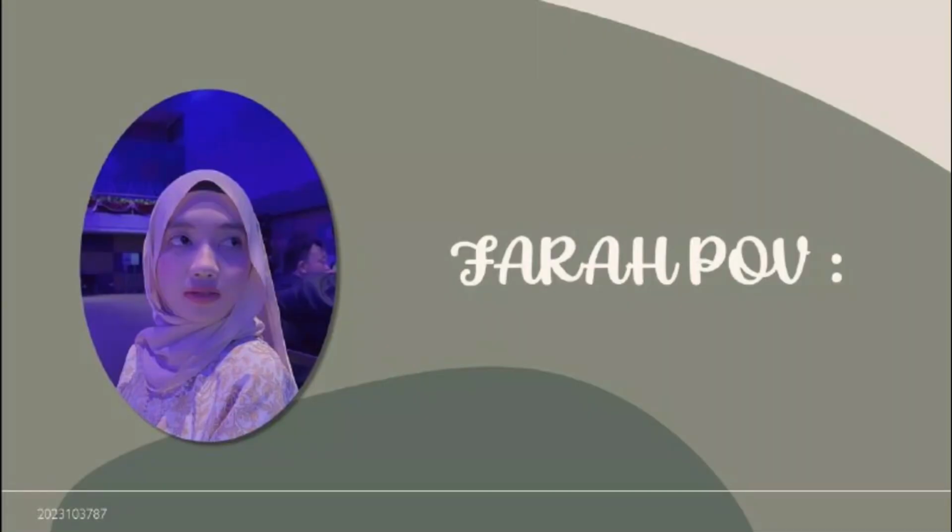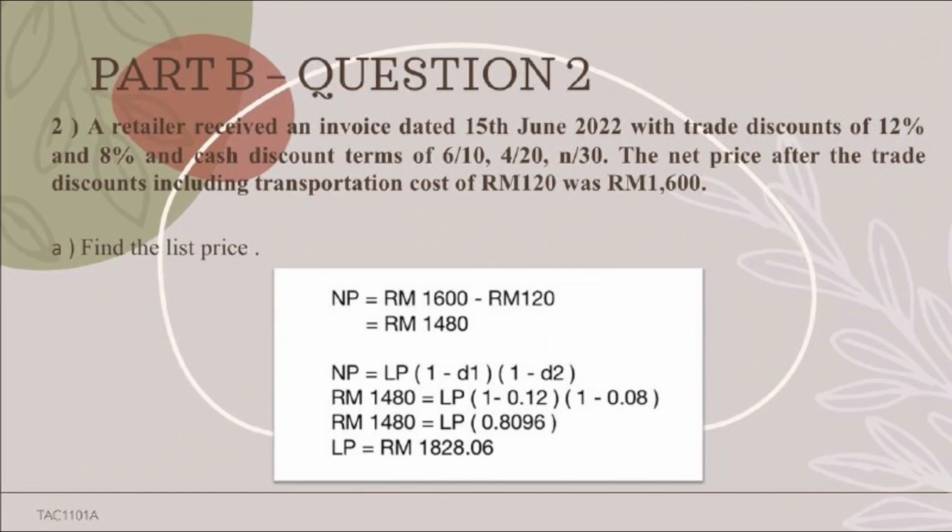Thank you, Amy. My name is Farah Nabil binti Azmi. Next, I will explain question 2 part B. The question for 2A is find the list price. Based on the question, the net price after the trade discount including transportation cost of 120 ringgit Malaysia was 1,600 ringgit Malaysia.